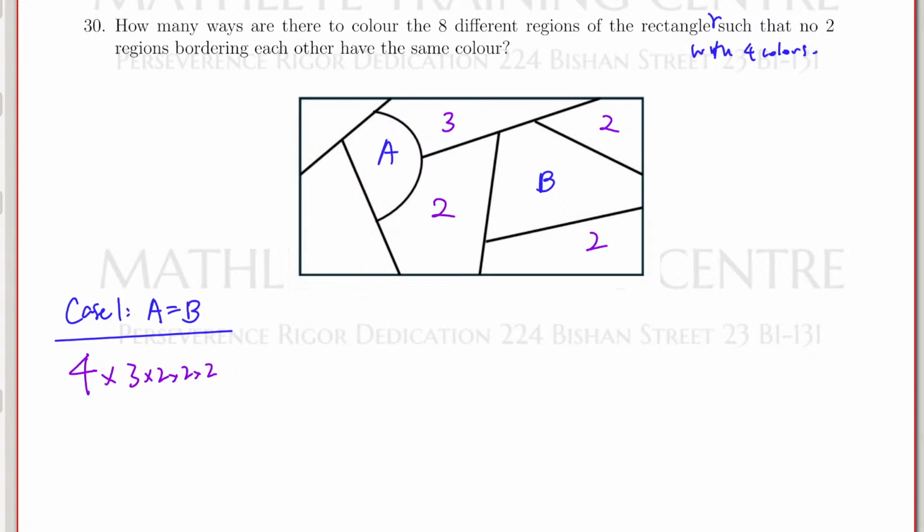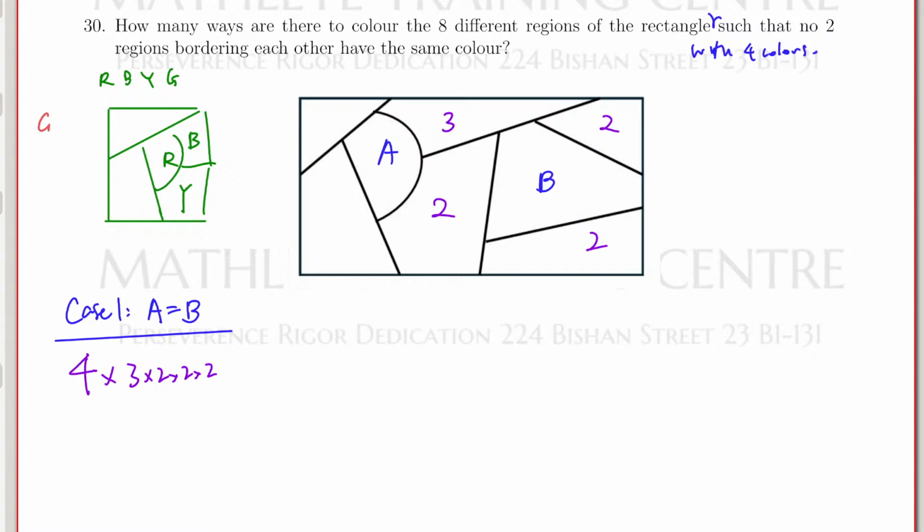To make it easier for ourselves, let's call the colors red, blue, yellow, and green. What's happening on the left? Let me give you an example. Let's say we already figured out that this one here is red, this one here is blue, and this one here is yellow. How many ways to fill in the others?